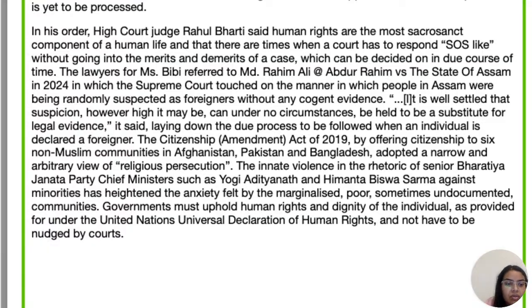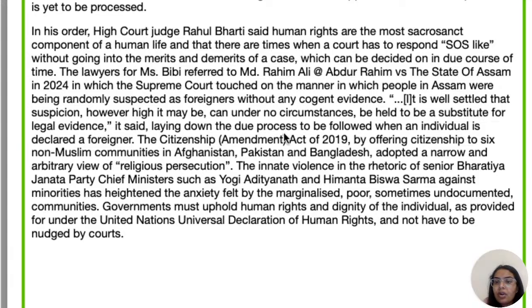Okay, so cogent means logical proof, solid proof. It is well settled that suspicion, however high may be, can under no circumstances be held to be a substitute for legal evidence. So legal evidence को replace नहीं कर सकता ये. That's what it is. Okay.